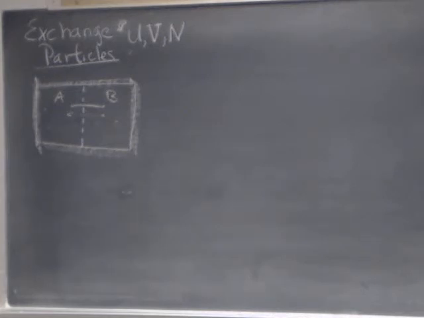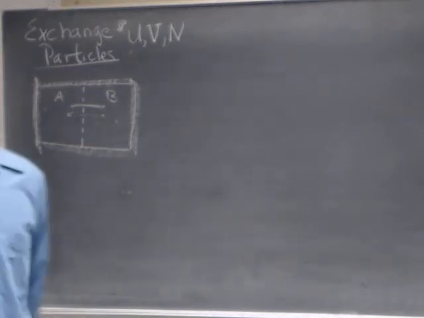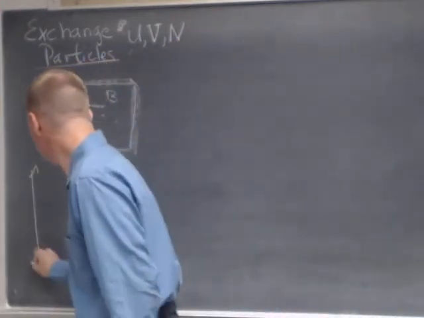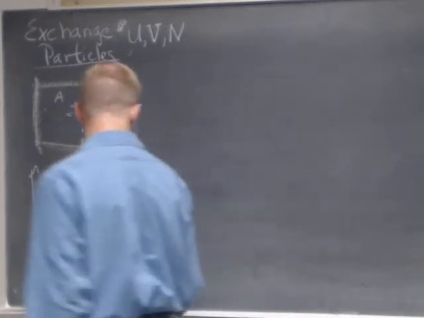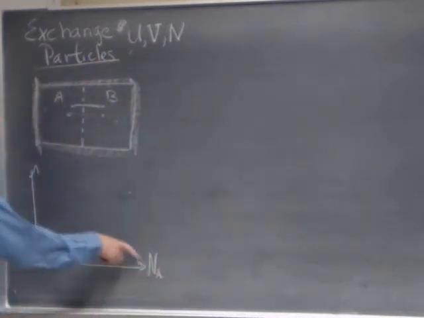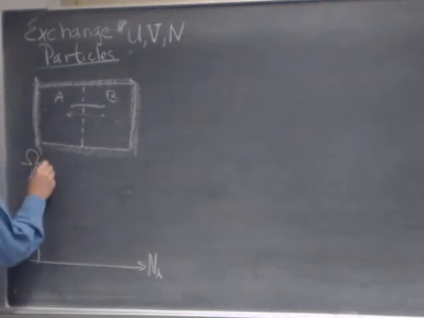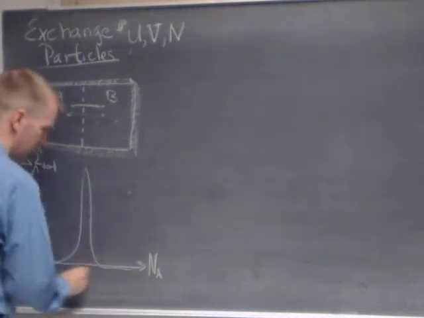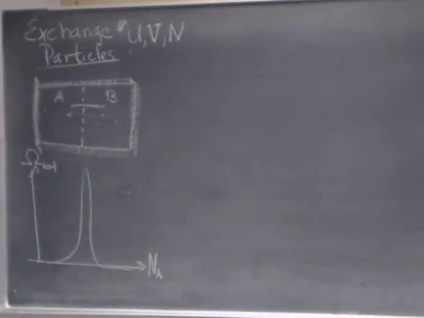But, yeah, you would have a narrow peak as well. It's complicated, but you would still have a narrow peak as a function of the number held on side A, like that.